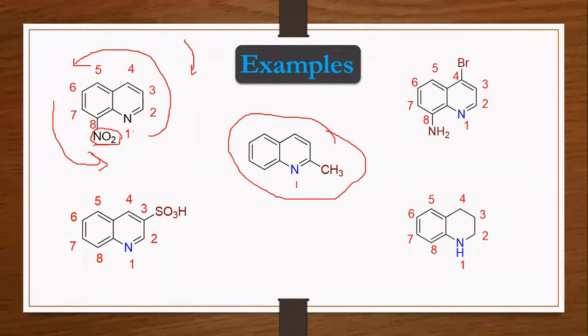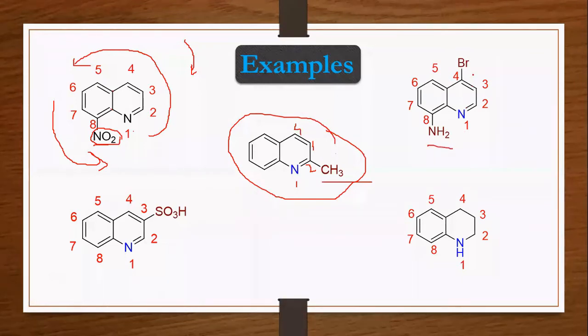Then 1, 2, 3, 4. Okay, there is no need because there is no substituent here. Then the name of this molecule is very simple. It is 2-methyl. The methyl group is our substituent. 2-methylquinoline.